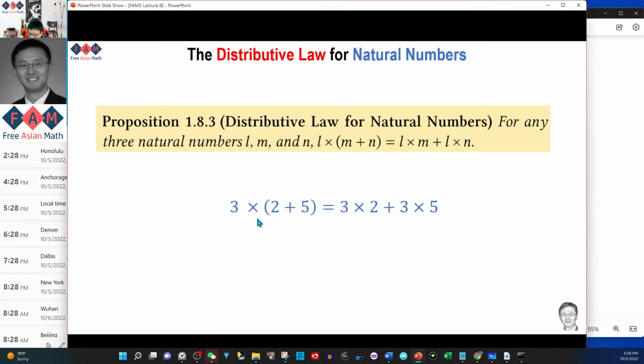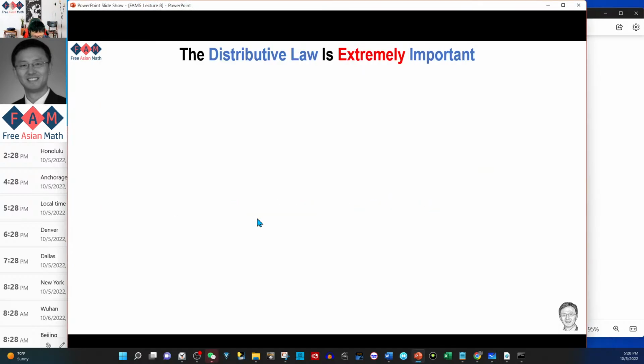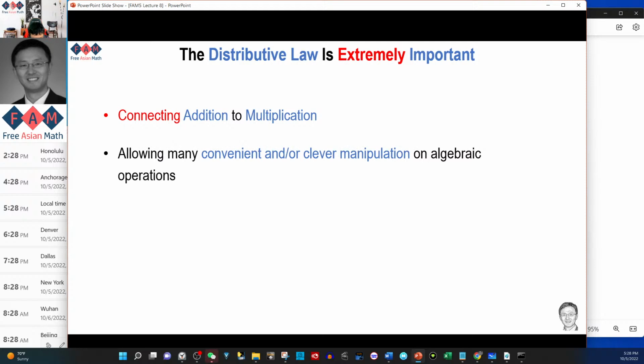Now we are in the position to discuss why the distributive law is so important, right? We already mentioned that it connects the two operations and allows many convenient and clever manipulations of algebraic operations, and we'll see what that means.